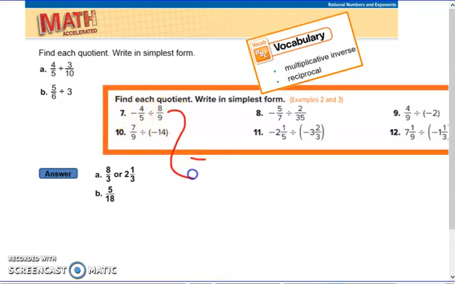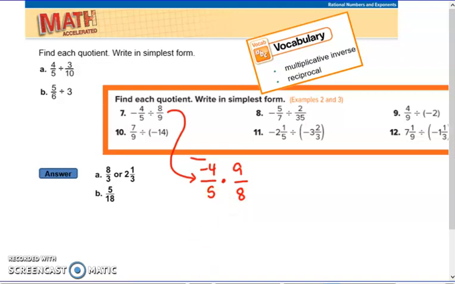Okay, number 7, we've got -4/5. And I'm going to multiply by the reciprocal. The reciprocal of 8/9 is 9/8. I'm hoping that you're fine with me skipping writing out that whole thing over, and that I'm just going to go ahead and reduce it. Okay, so let's reduce it.